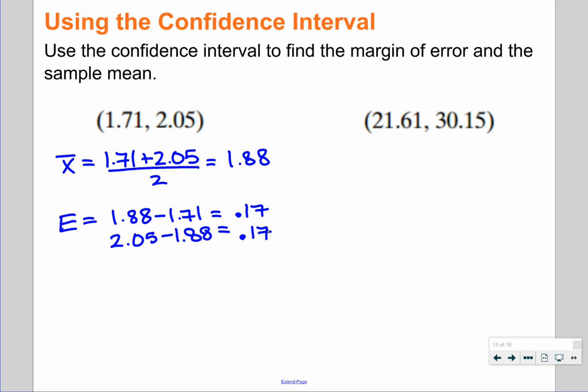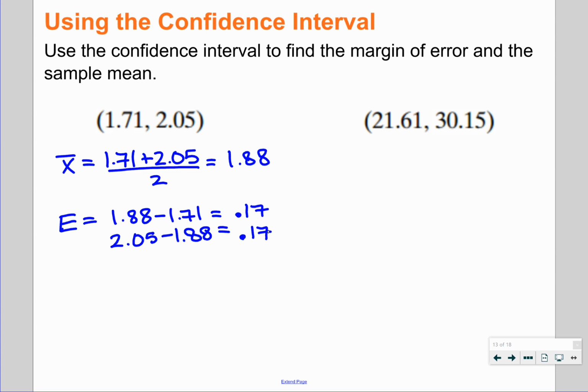Okay. Another way somebody mentioned in first period to do it is you could find the difference between the upper limit and the lower limit and then just divide it by 2, because that difference between the highest and lowest value is twice the sampling error. So you could divide it by 2 then.